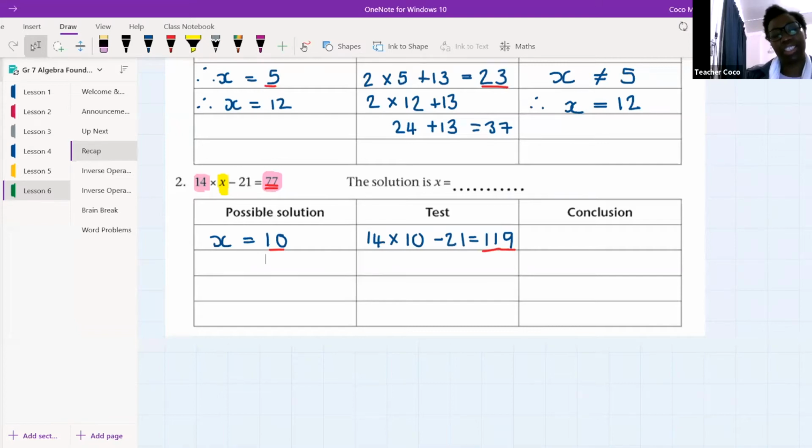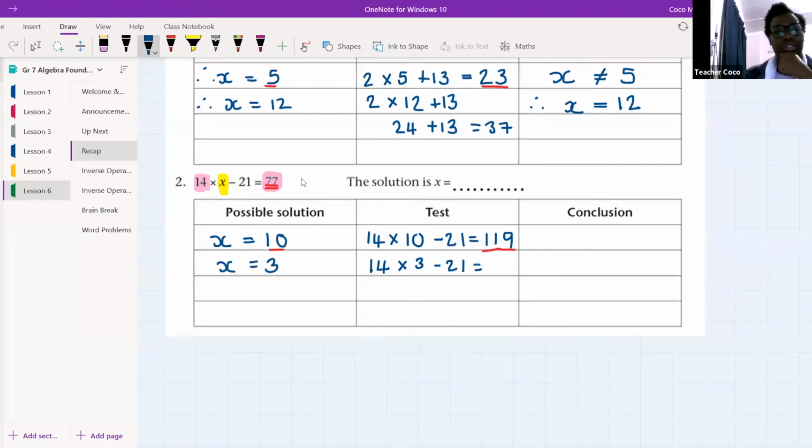Tahila, we're going to test that just now. Maybe we can try 3. Okay, let's try 3. If x is equal to 3, I'm going to get 14 times 3 minus 21.